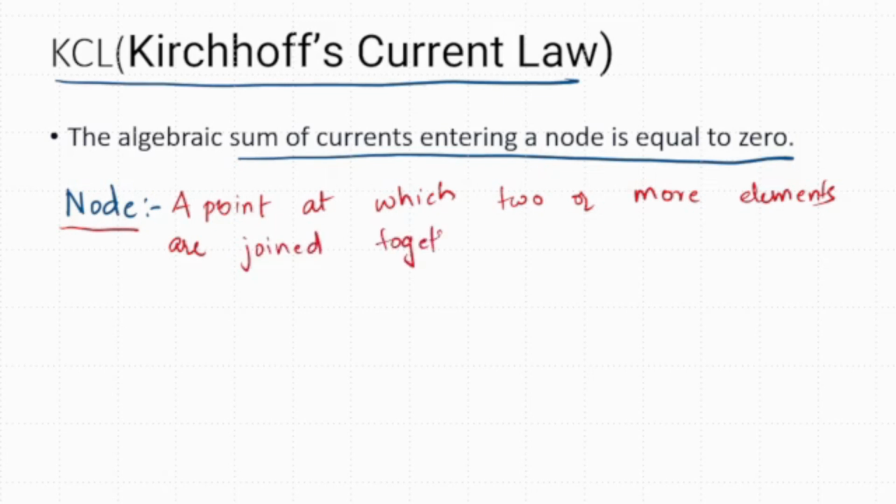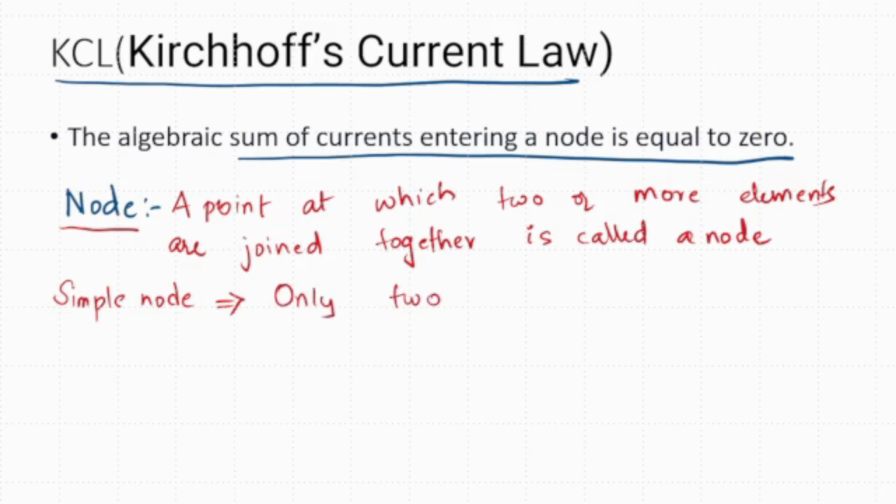Clear? Right. A simple node is one with only 2 elements. Clear? Whereas a principal node has more than 2 elements. Clear?